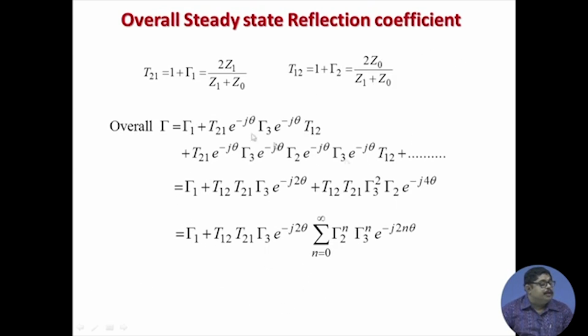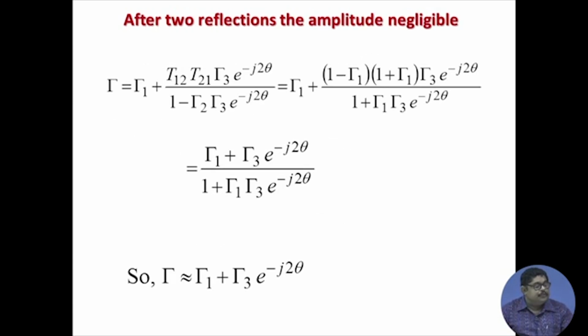So, from that you can find the overall reflection coefficient, that is the sum of the first reflection, then the second wave going to the load and coming back, and so on. So, multiple reflections. Ultimately it becomes an infinite series, as we have seen in the power series. All these cases are the same type of thing: waves going and coming back.